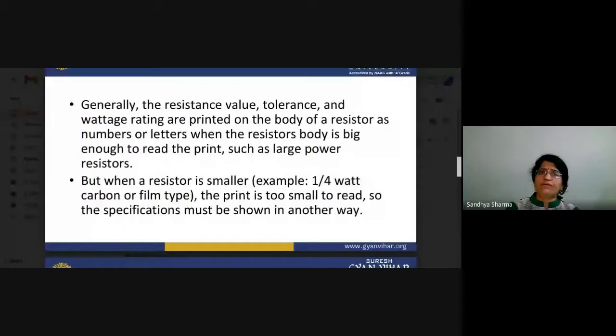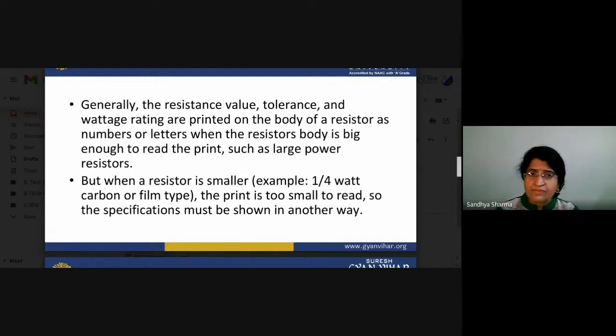Generally, the resistance value, tolerance, and voltage ratings are printed on the body of a resistor as numbers or letters when the resistor's body is big enough to read the print, such as a large power resistor. If the size of the resistor is sufficient, then the ratings are printed on it.